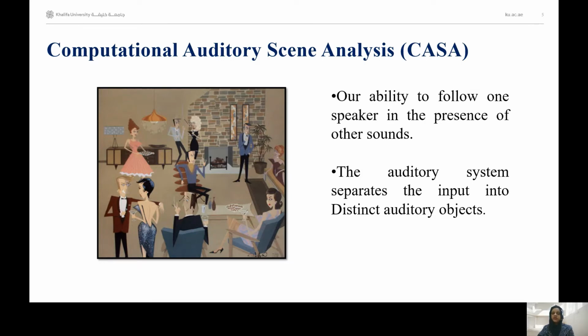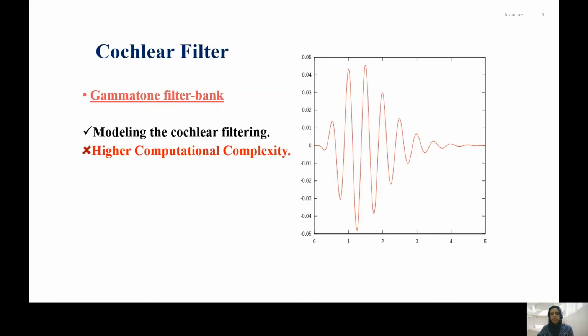Computational auditory scene analysis is the field of study to develop this property computationally, which consists mainly of two sections, segmentation and grouping. Those are performed in the frequency domain. In order to achieve that, we need frequency dispersion by means of the cochlear filter bank. The cochlear filter banks mimic the human cochlea.